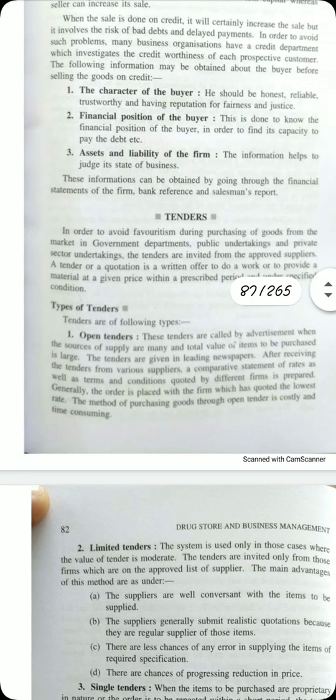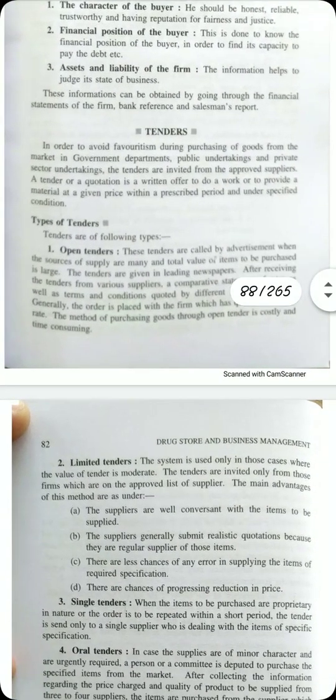Now the next and important point is the tender. What is a tender? A tender is a quotation, a written offer to do work or to provide material at a given price within a prescribed period and under specified conditions.